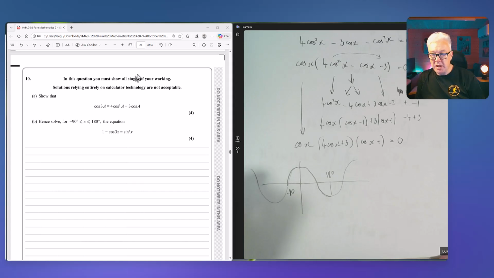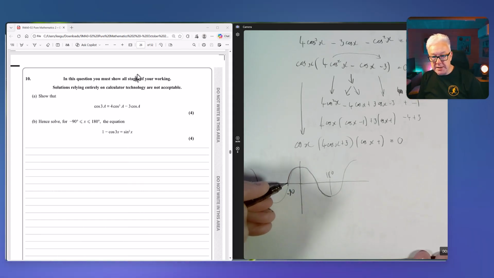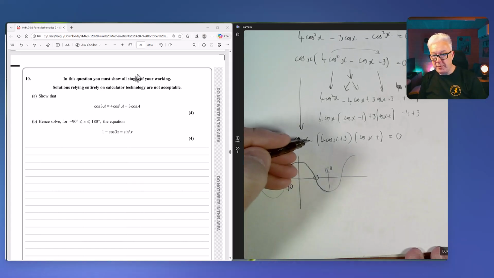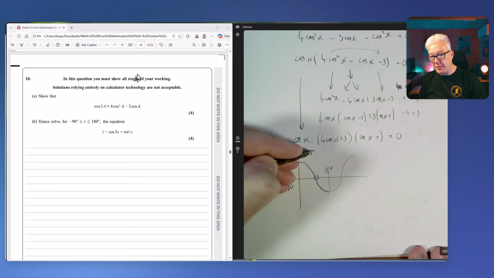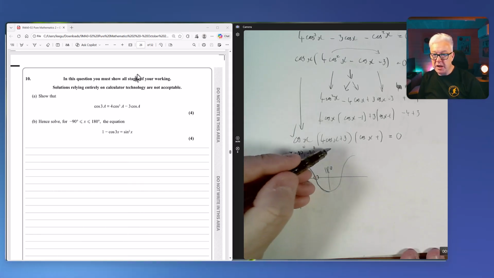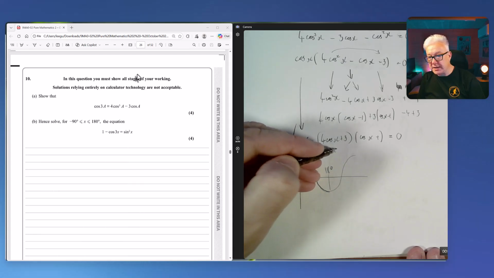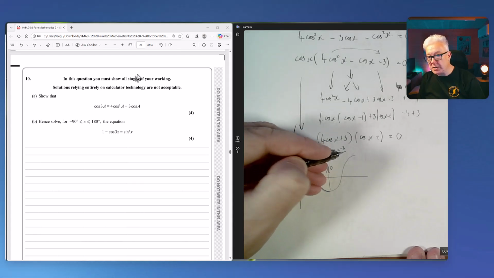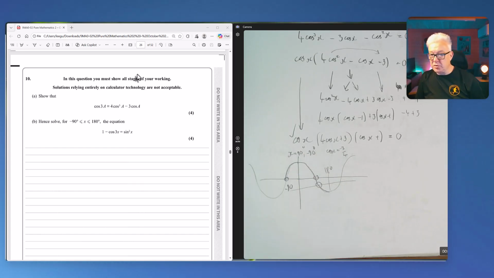That's what we want. Okay, so we've got to solve cos x equals 0. The inequalities include less than or equal to, so we're going to have that one and that one. So we're going to have the solutions x is equal to 90 and minus 90 degrees. So we've dealt with that one. This one is going to be cos x is equal to minus 3/4. It looks as though we're going to have one solution there.